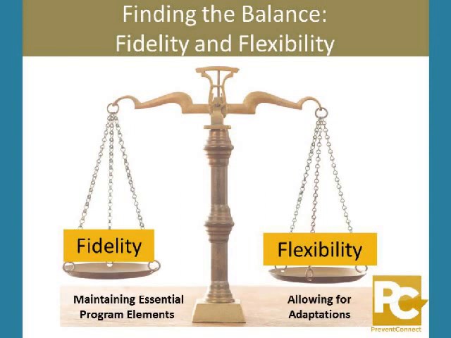We talk about finding the balance in fidelity and flexibility. So really thinking about it through the lens of essential elements, we define fidelity as maintaining the essential program elements, and balancing that with flexibility, which is really allowing for adaptation.